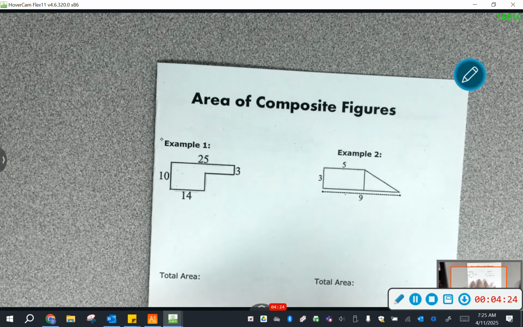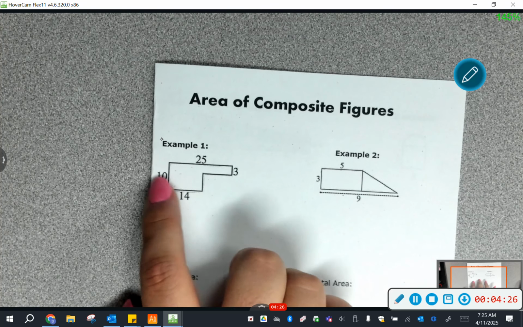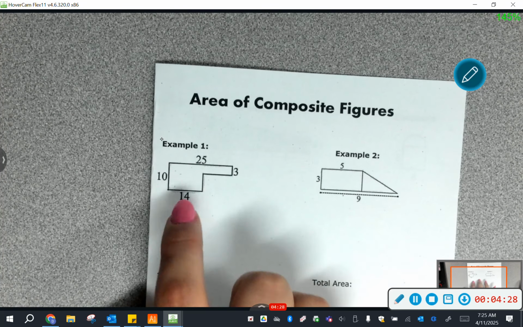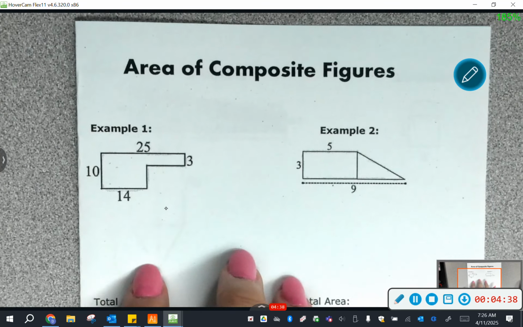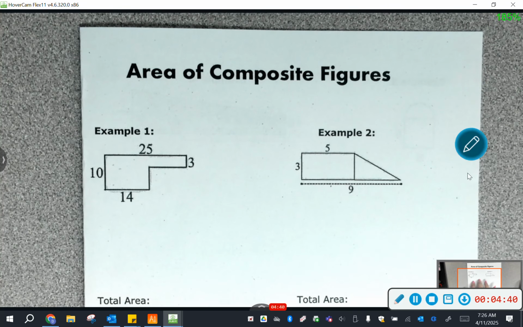It looks like, and it would be a square if these were the same, but are these the same? No. Yeah, so these are two rectangles put together. All right, and that makes an odd shape, but do you agree it's still two shapes together? So whenever we are doing area of composite figures, we are going to find the area of each shape and add it together. So let's write that down.